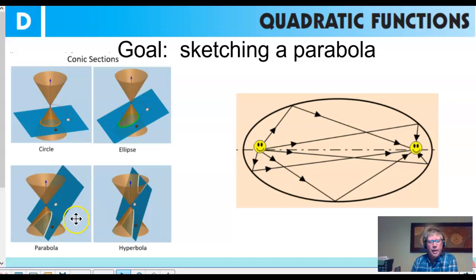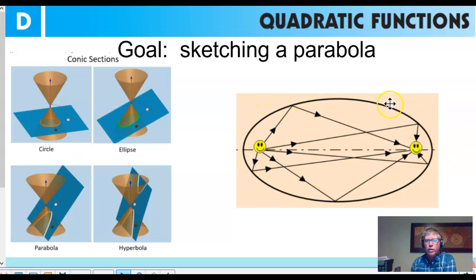Anyways, that's pretty cool. And then a hyperbola is when you make that plane cut both of the cones, and a hyperbola is just those things that have those branches that are opposite of each other. All of these include an x squared term, so that's why they're grouped together in quadratic functions. But just thought I'd let you know.